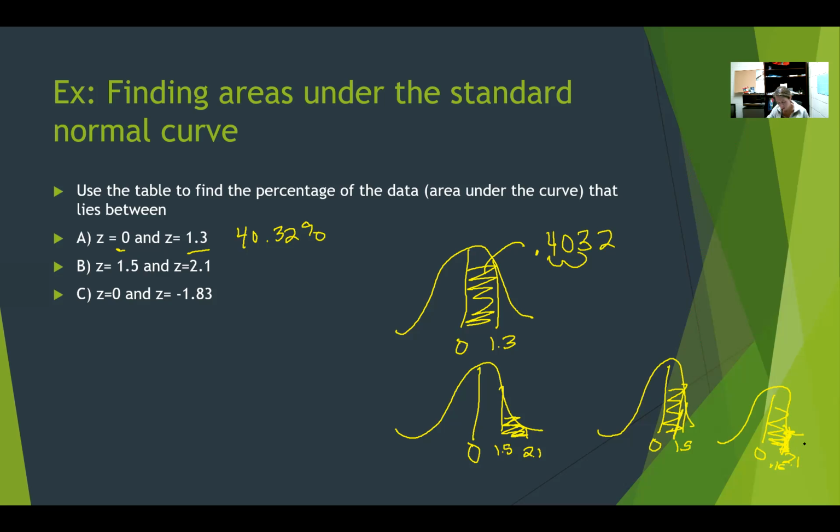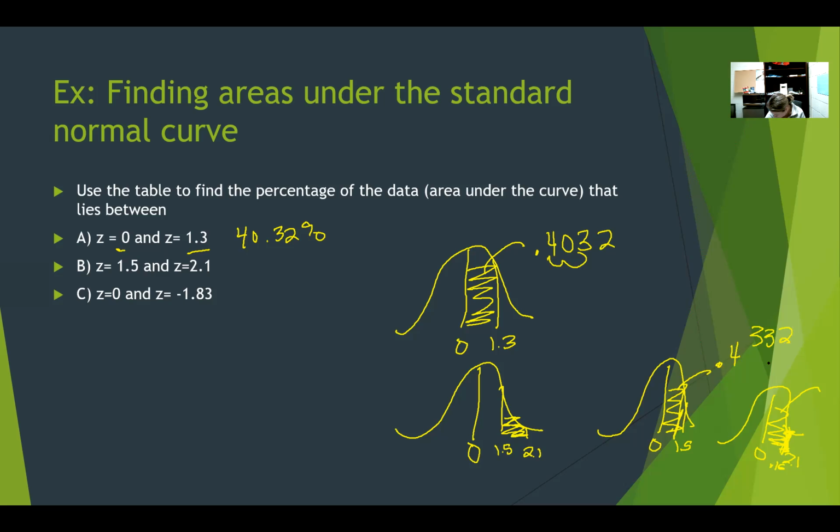Okay. So what you would have to do is subtract. You would find the 1.5, and then find the 2.1, and subtract these to get the overlapping part. So let's look up our 1.5. If you look up 1.5, you get 0.4332.